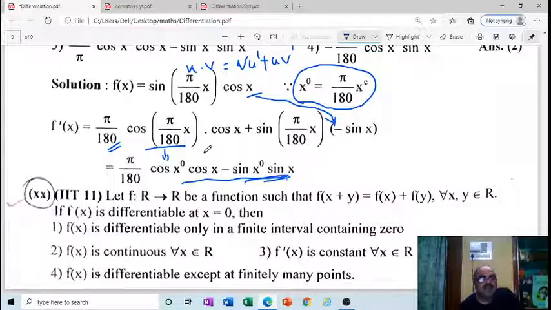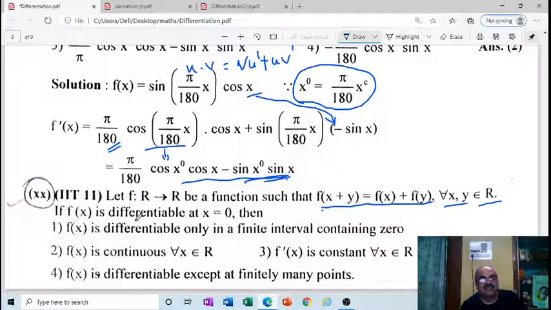Let f from R to R be a function such that f of x plus y is equal to f of x plus f of y. This is the statement given to you. F of x plus y equals f of x plus f of y for all values of x, y which belong to the real numbers.